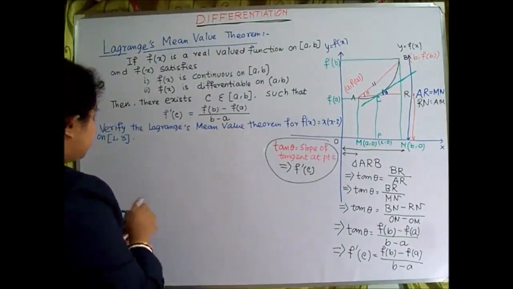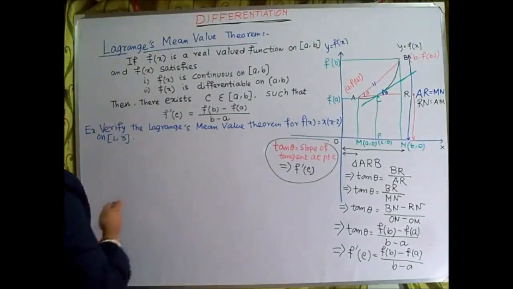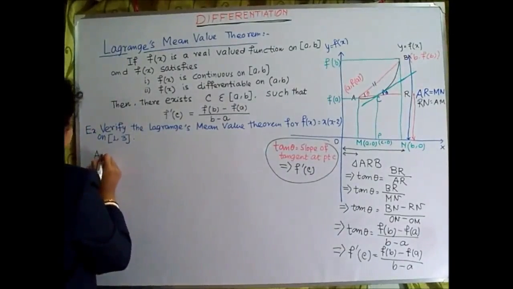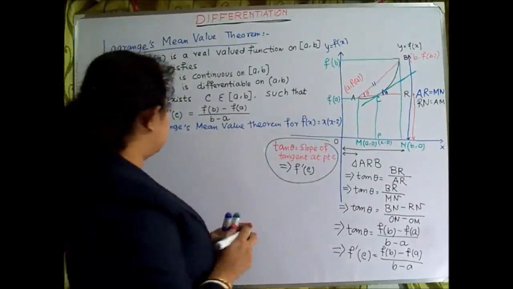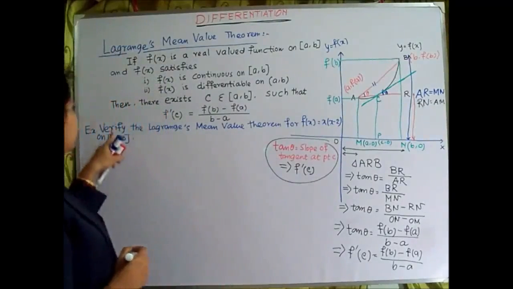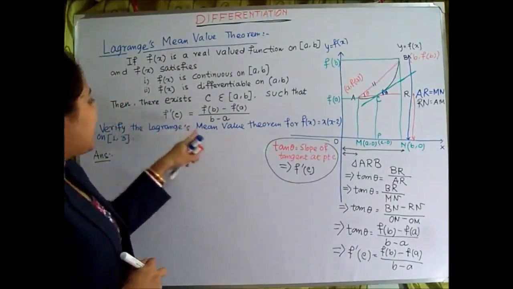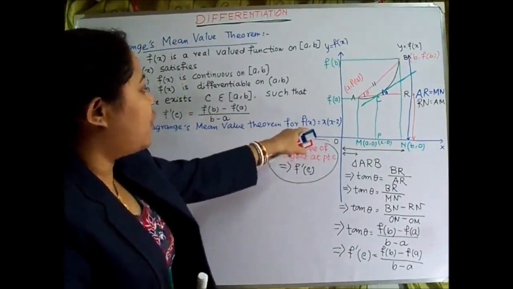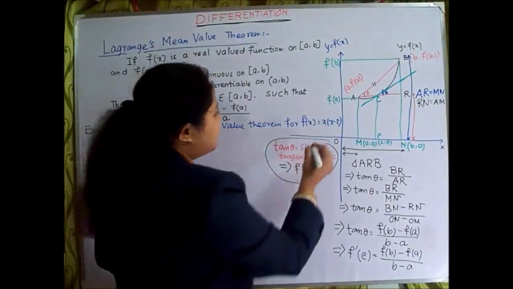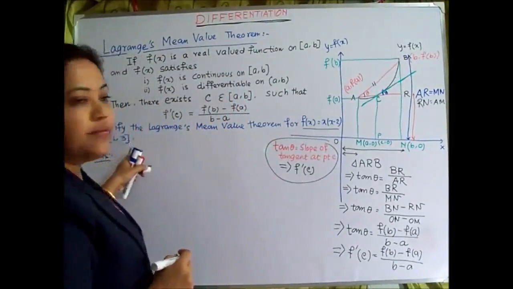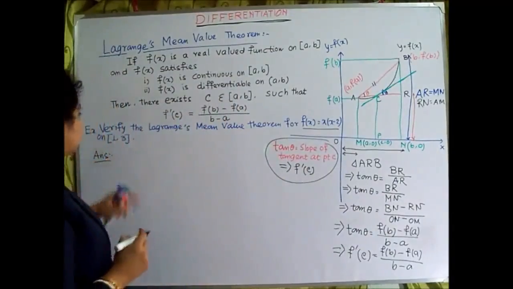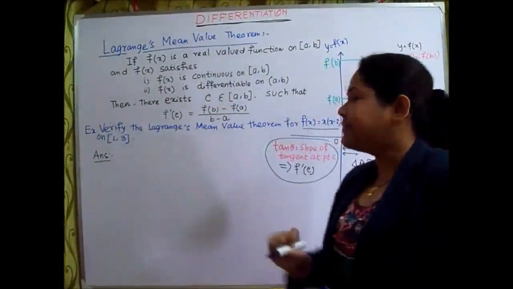We have to verify the Lagrange's mean value theorem for this function Fx equals x into x minus 2 on this closed interval 1, 3.